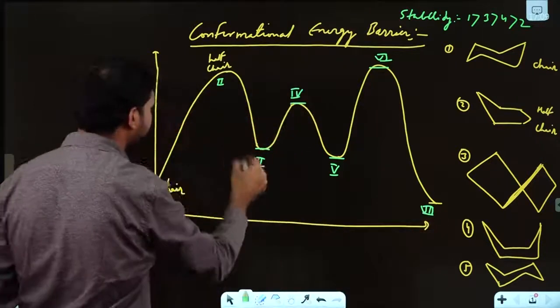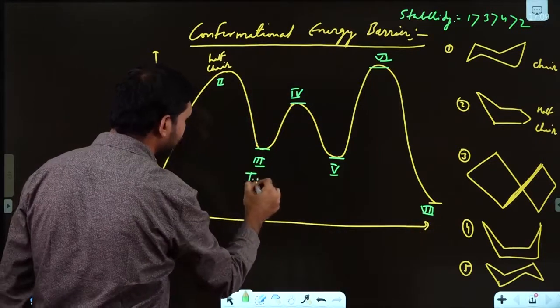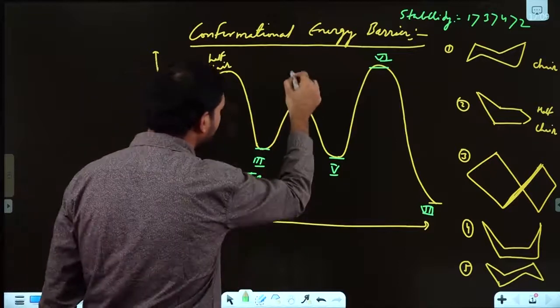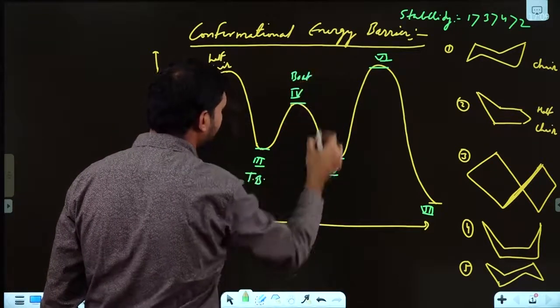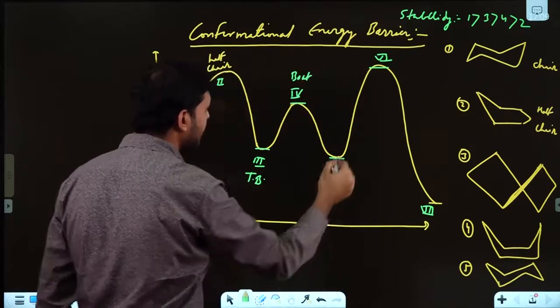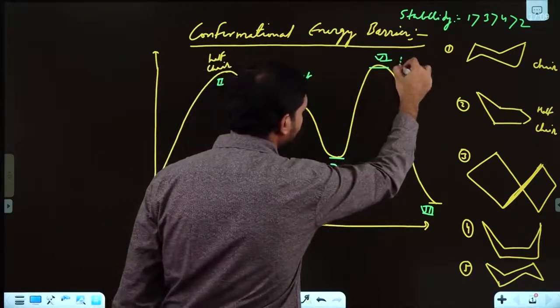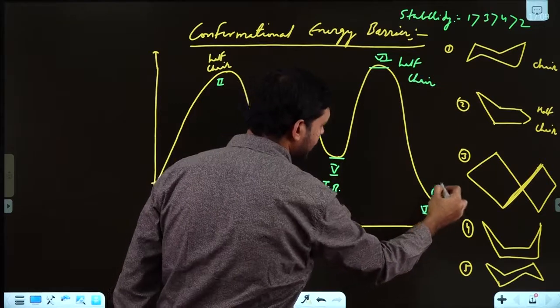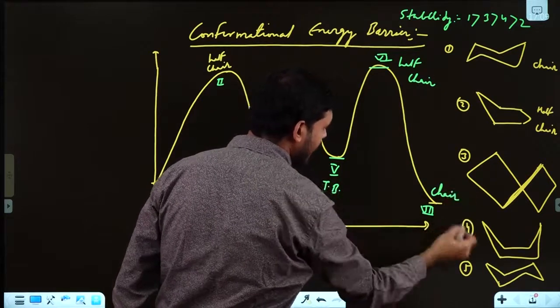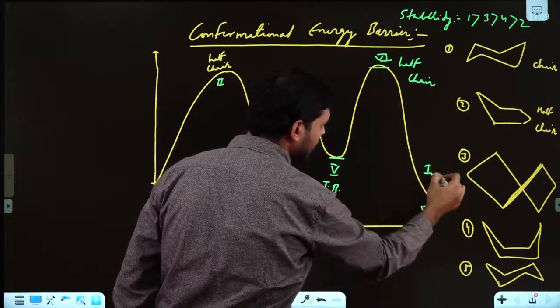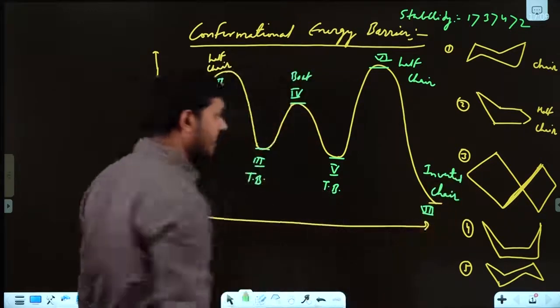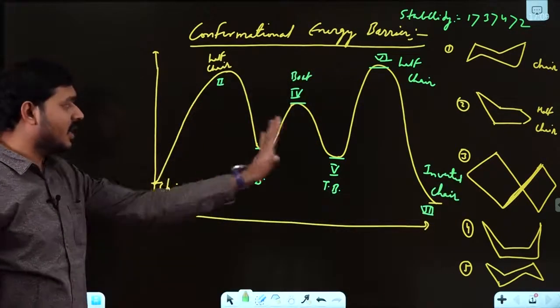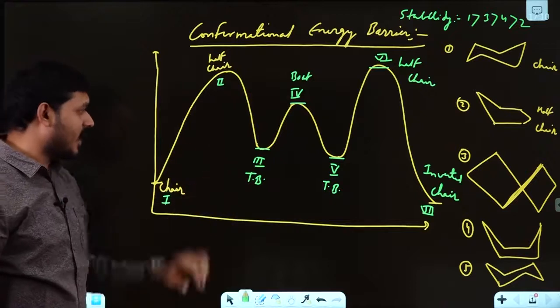So this is chair, half chair, then this is your twist boat, this is your boat, then this is again twist boat, then this is your half chair, and this is your chair, but better to say inverted chair. Inverted chair. Okay, so this is the complete energy profile diagram.